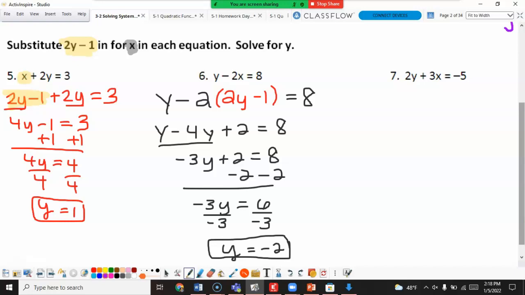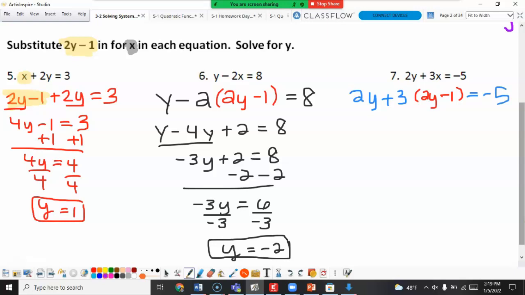Same idea in number 7. We have 2y plus 3. We're replacing that x with 2y minus 1, equal to -5.